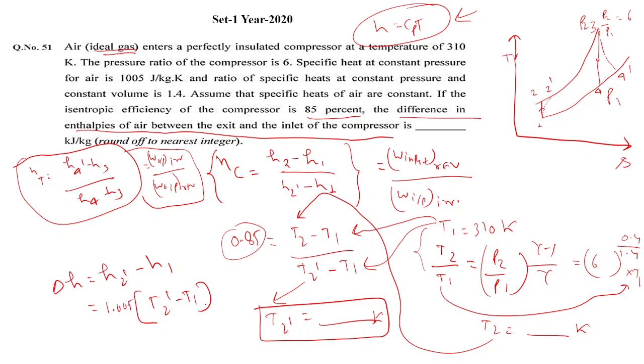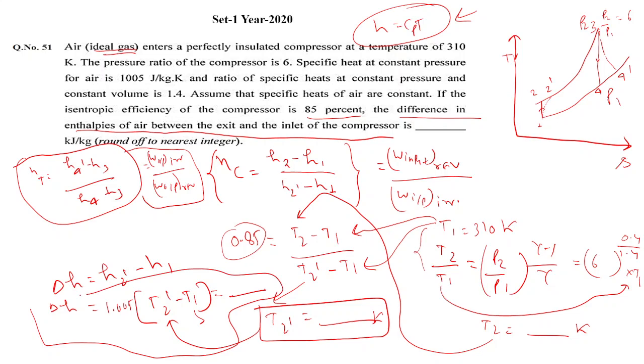T1 we know is 310, and T2 dash we would know from here. So the value would come something like 244.7.